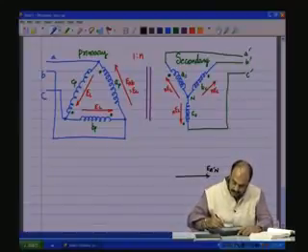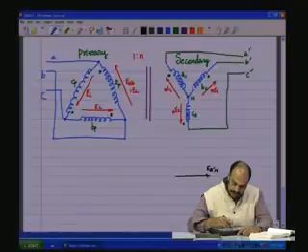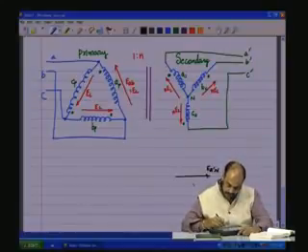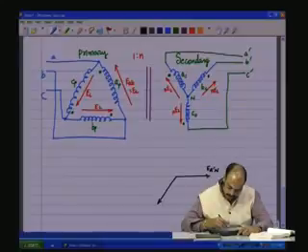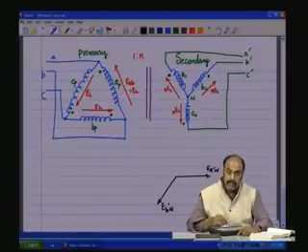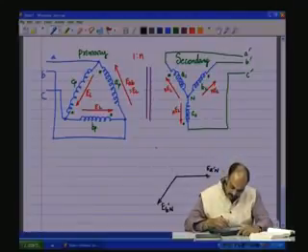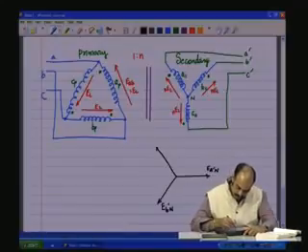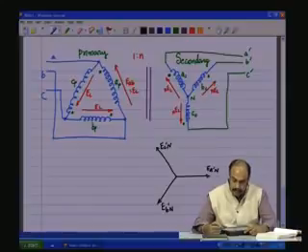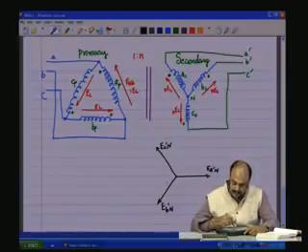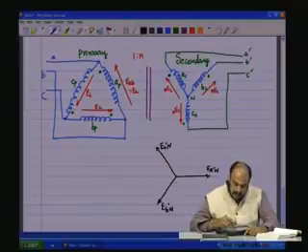This is E A dash N, that is this voltage across the A S coil, and E B dash N, across the B S coil, and we have E C dash N, which is the voltage across the C S coil, taking E A dash N as the reference line, the horizontal line. They are all 120 degrees phase shifted with respect to each other.